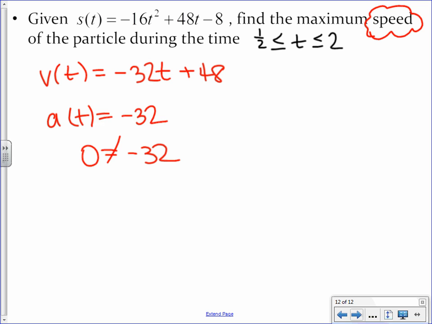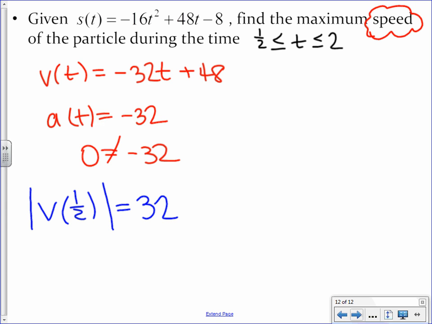So what should we do with that interval? If we're finding a maximum value just on an interval, what do we have to check? The endpoints. Ooh. So if we're talking about speed, we're talking about the absolute value of velocity. Okay. So the velocity at 1/2 would be negative 16 plus 48, which is 32.